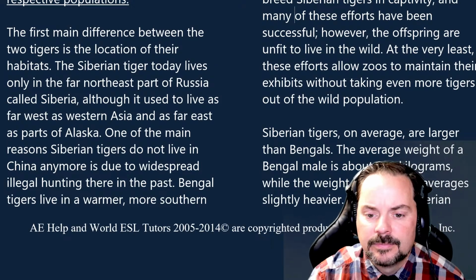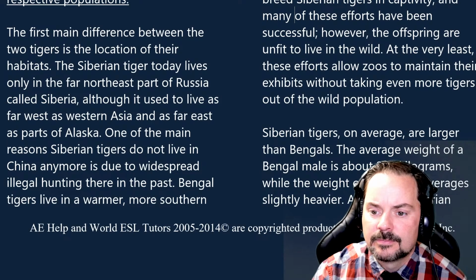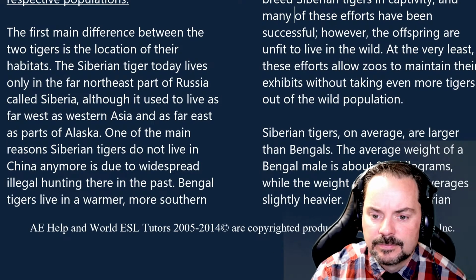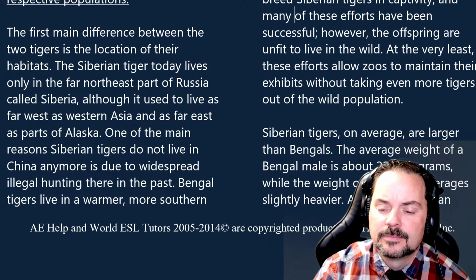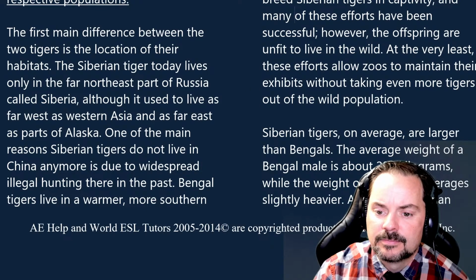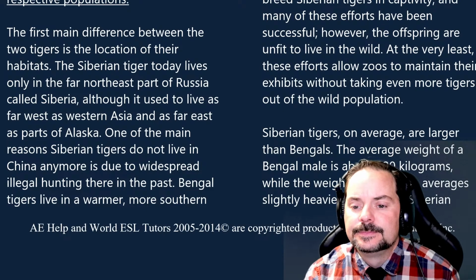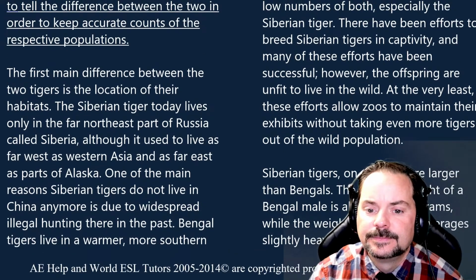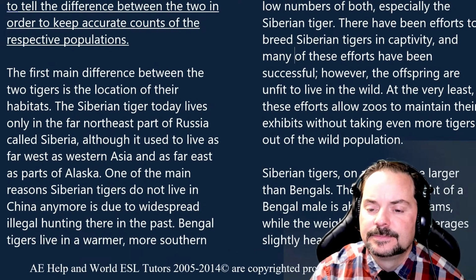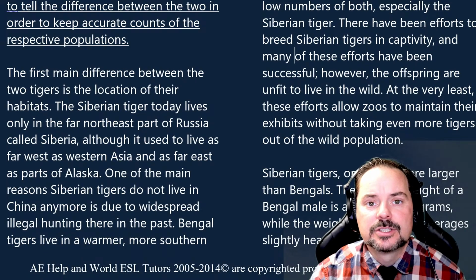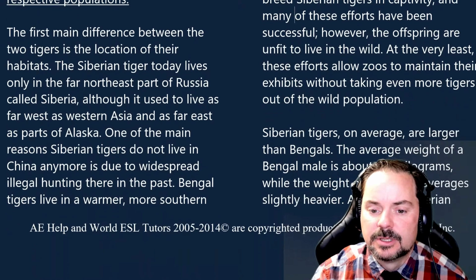At the very least, these efforts allow zoos to maintain their exhibits without taking even more tigers out of the wild populations. So what's this paragraph about? Siberian tigers in captivity. Yeah, so tigers in zoos, basically, simply put, for sure.